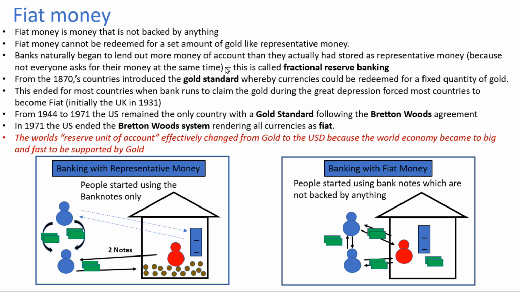But still, most of the money in circulation, if you think of the British Empire, for example, was actually representative money, where it could be exchanged for a fixed quantity of gold or silver. And from the 1870s, we had introduced this thing called the gold standard, where this process was standardized.